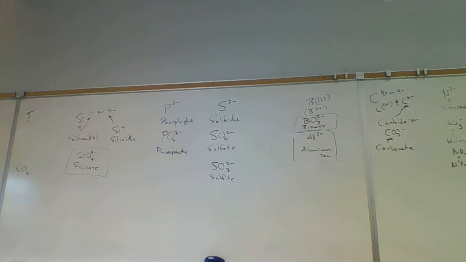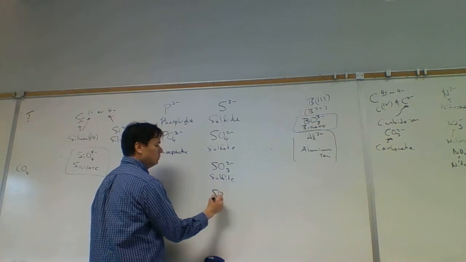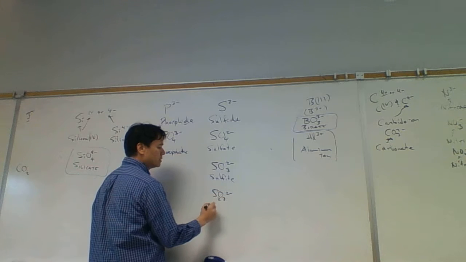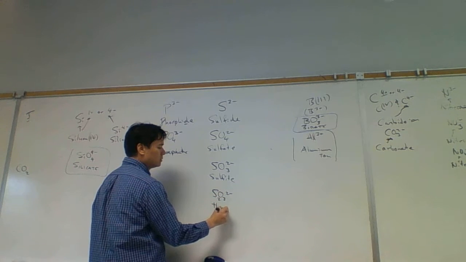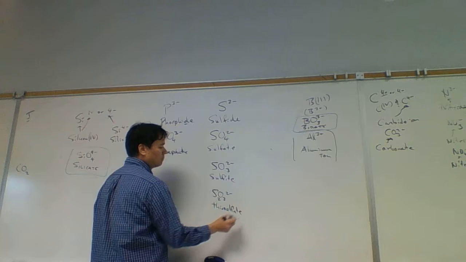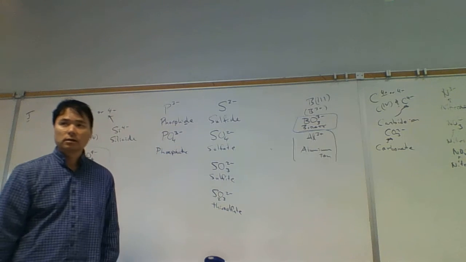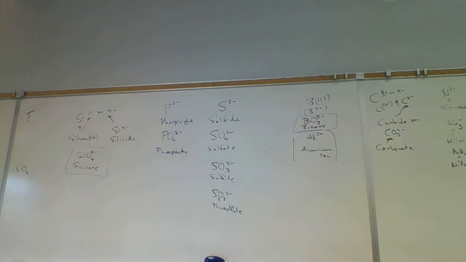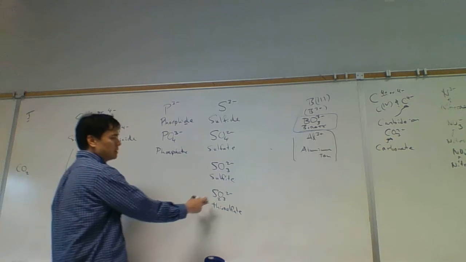What would thiosulfate be? S2O3, 2 minus. This is thiosulfate. Remember, thio means to replace an oxygen with a sulfur. They're in the same family, so it doesn't mess up the charge.